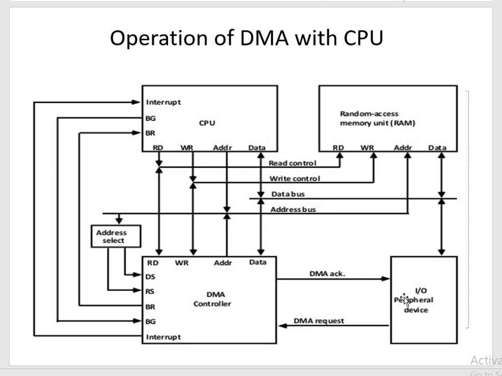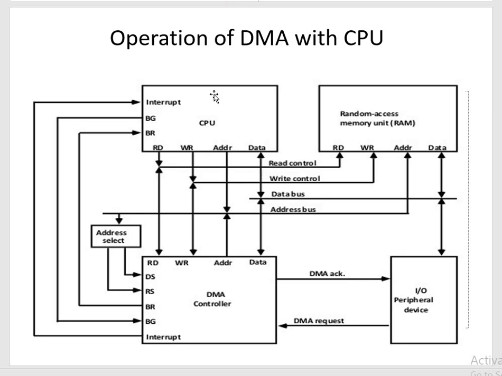Once the whole data has been transferred as per the settings within the DMA, the DMA sends an interrupt signal to the CPU, which indicates to the CPU that the data has already been transferred from source to destination.